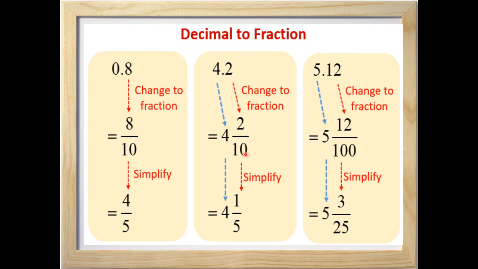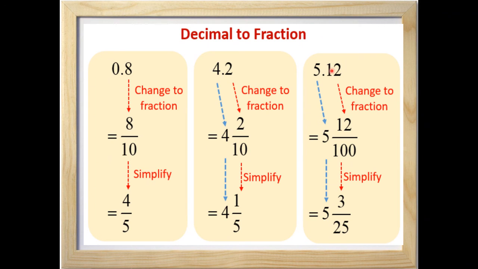Now 2 and 10 have 2 as the common factor. So 2 divided by 2 is equal to 1. 10 divided by 2 is equal to 5. So the whole number 4 will be written there and 1 by 5. So 4 1 by 5 is the fraction for 4.2.